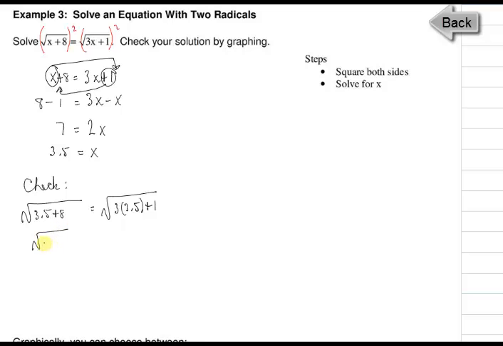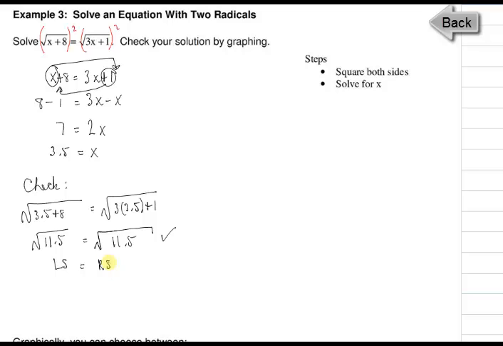So on the left you get the square root of 11.5, and you will get the same on the right. 3 times 3.5 is 10.5, and 10.5 plus 1 is 11.5, and so you can see that the left side is equal to the right side.